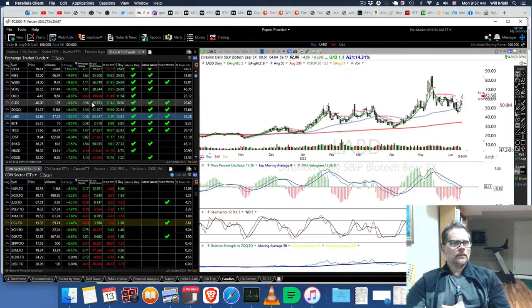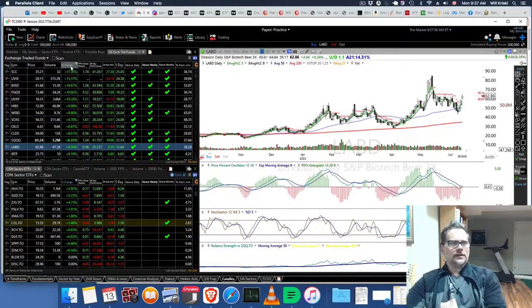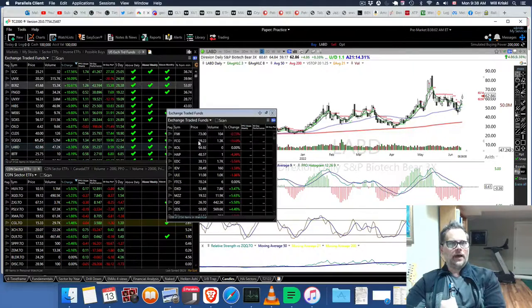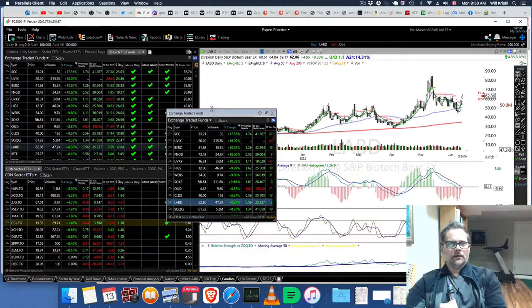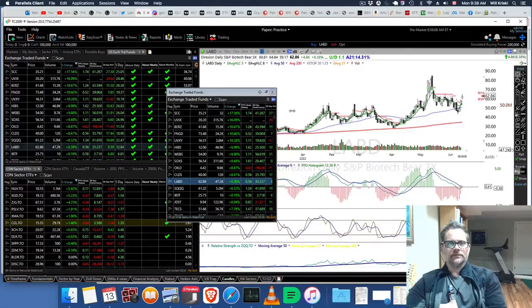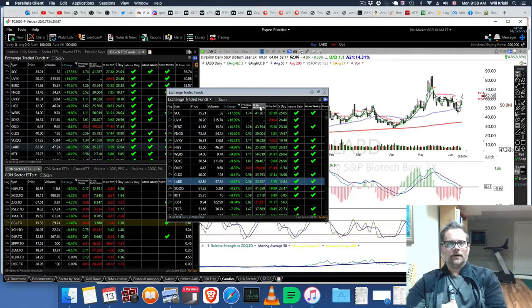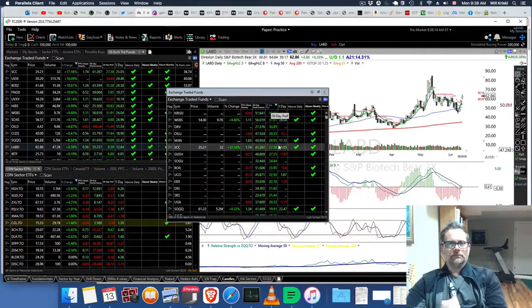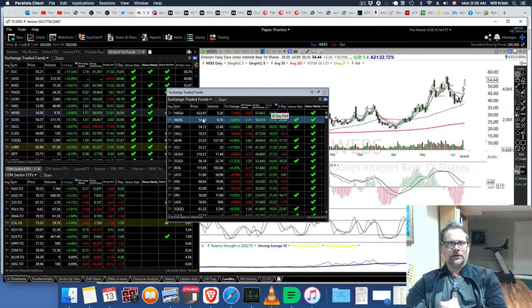If you sort by percent change in the US exchange traded funds, click on watch lists, then this ETFs list, and sort by percent change, that's where you'll see it. Or I have these columns for 30 day, 90 day. If you go to 30 day, you're starting to see the tech and all the inverse starting to do really well.